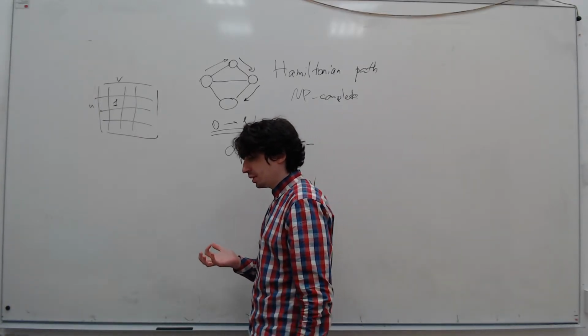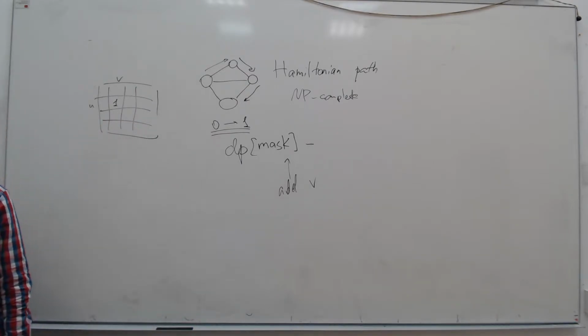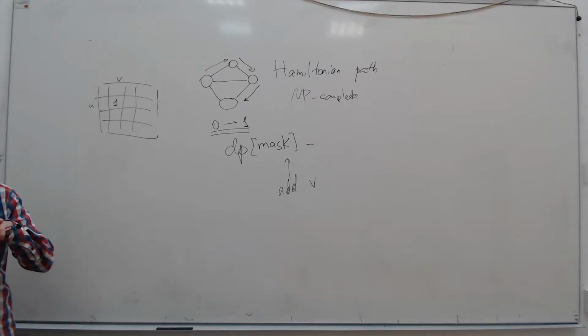Okay, dynamic programming typically gives some sense. For example, last time when we talked about the knapsack, we said that dp of mask is the minimal number of knapsacks we need to hold all the elements there.